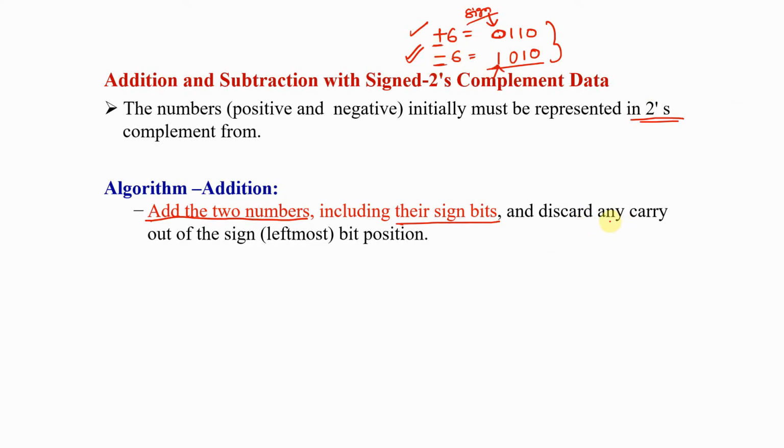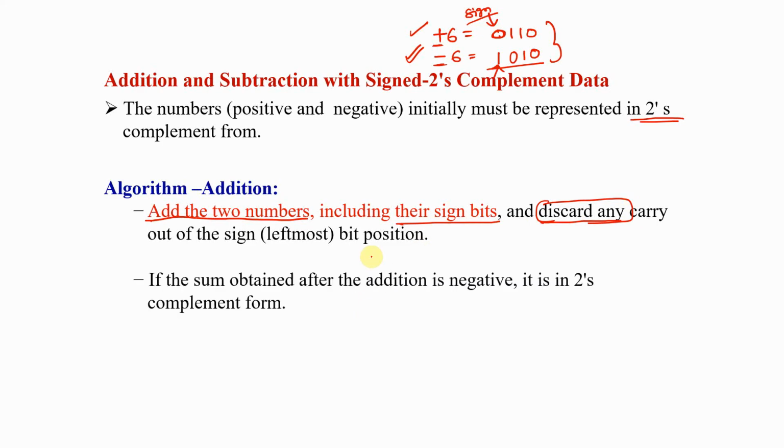When you add these two numbers in signed two's complement form, if you get any carry, that carry is to be discarded. Simply remember, discard any carry when you perform addition of two numbers using signed two's complement. How do you know the sum obtained after the addition is negative?